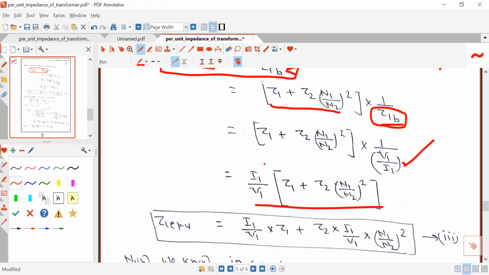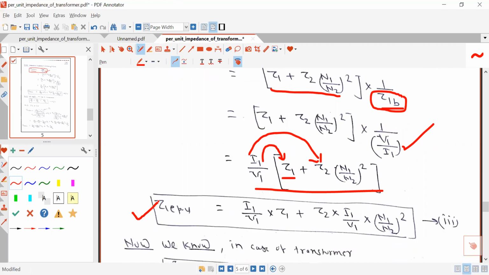Now you can multiply I1 V1 with Z1 and I1 V1 with this term, so the second expression will be this. Now, for the transformer, you have already studied that V1 by V2 will be equal to N1 by N2, if you ignore the drop in the winding.